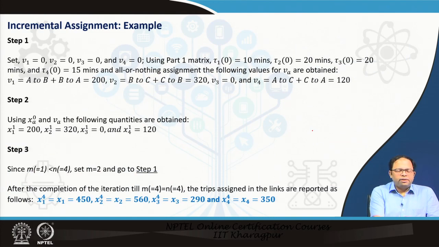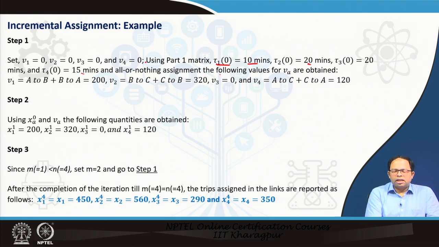Then all volumes V1 are 0 as per our algorithm, and we take the travel time impedances as given: 10 minutes for link 1, 20 minutes for link 2, 20 minutes for link 3, and 15 minutes for link 4.